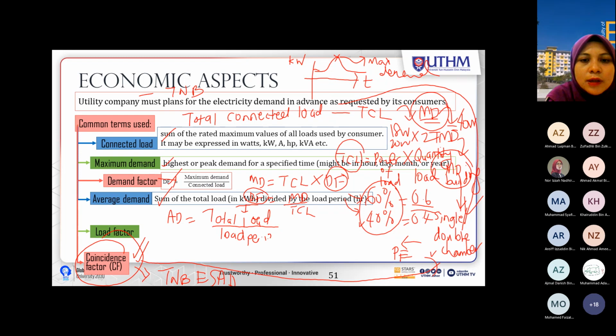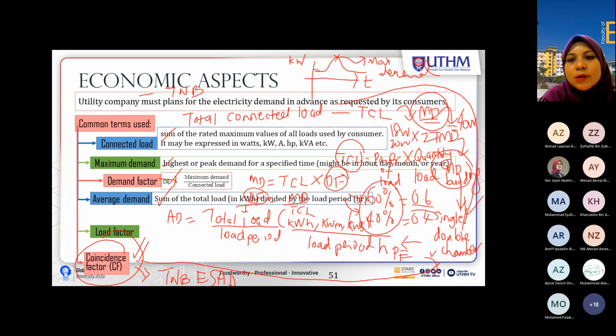Okay, so total load ni dia kilowatt hour boleh, kilowatt minute boleh, kilowatt second boleh, tak kisah. Kilowatt you times with the period, you bahagi dengan load period. Okay, kalau you buat dalam, for example, hours lah. Kalau if let's say the data in minutes, so divide by minutes lah, alright?